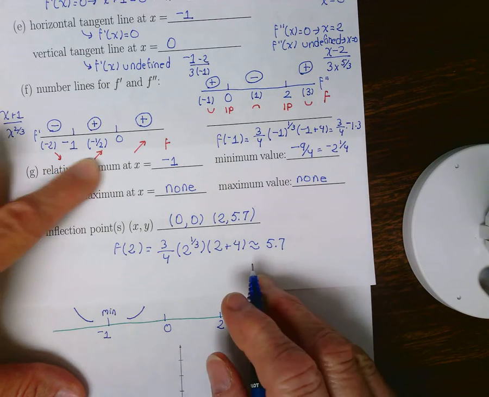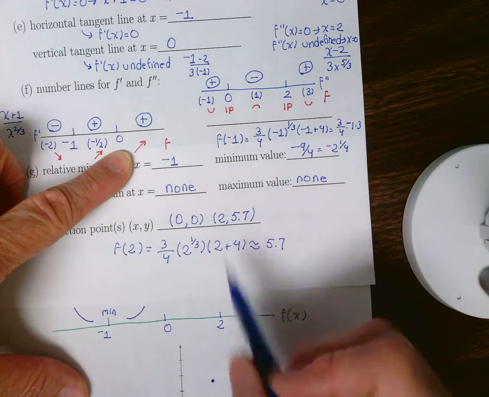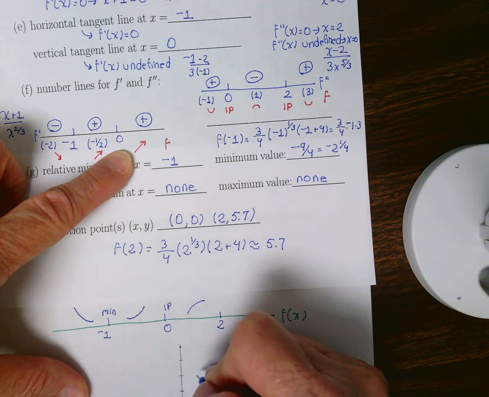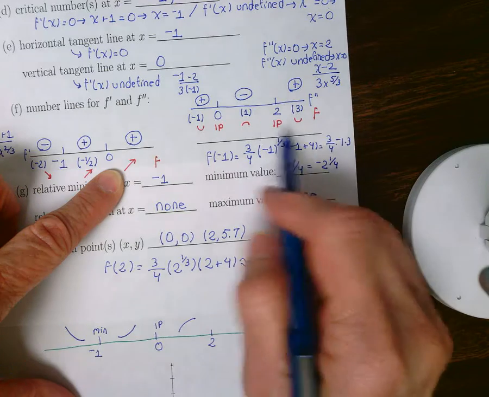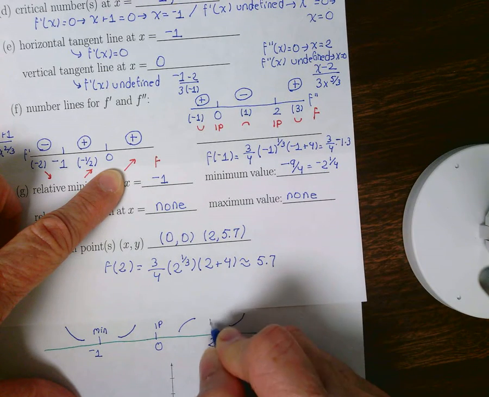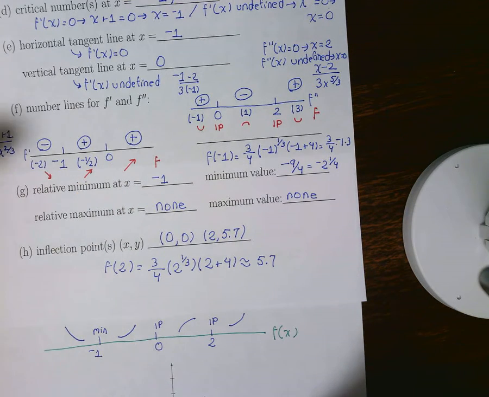Okay, what happens at 0? Still increasing, but at 0 there's a change of concavity. There's our inflection point. And then what happens at 2? Still increasing, but another change of concavity, so it turns around, the shape changes. Okay, does that make sense?